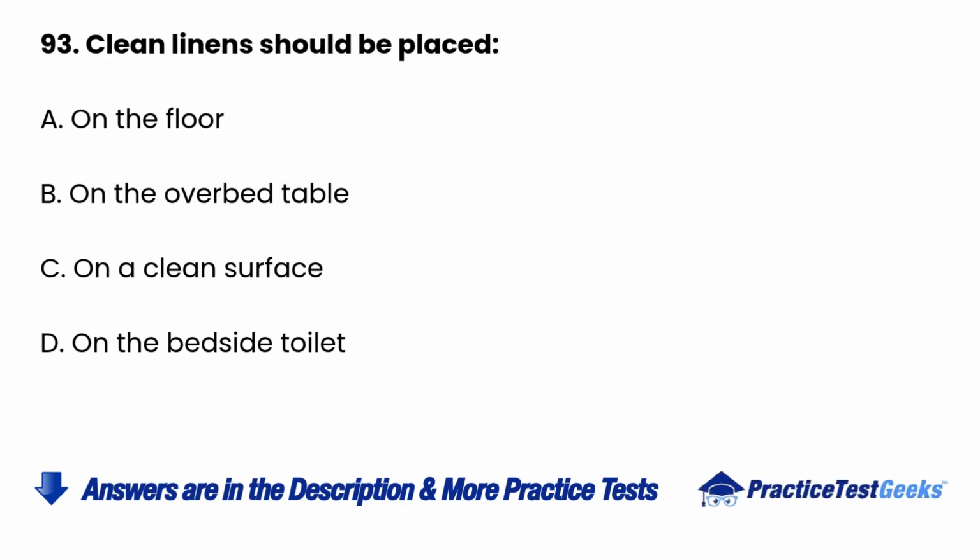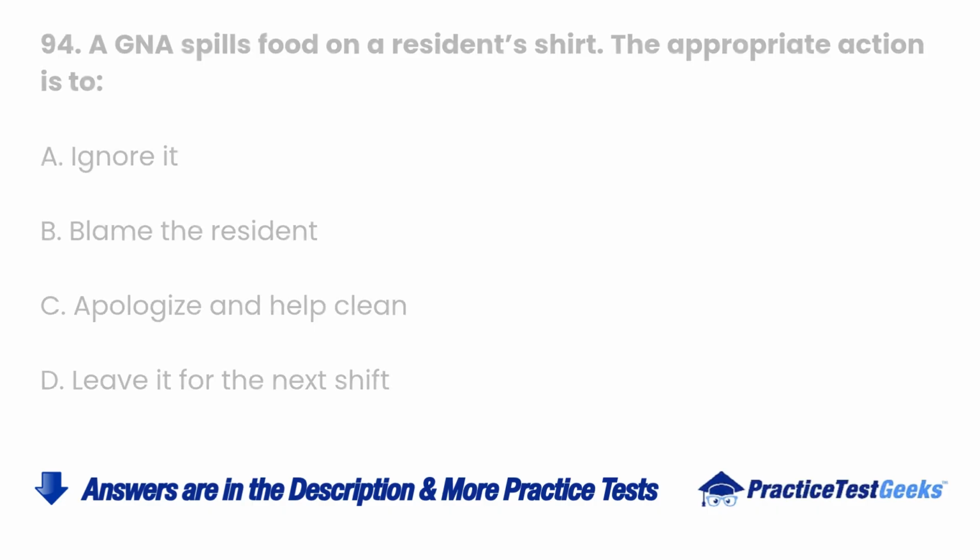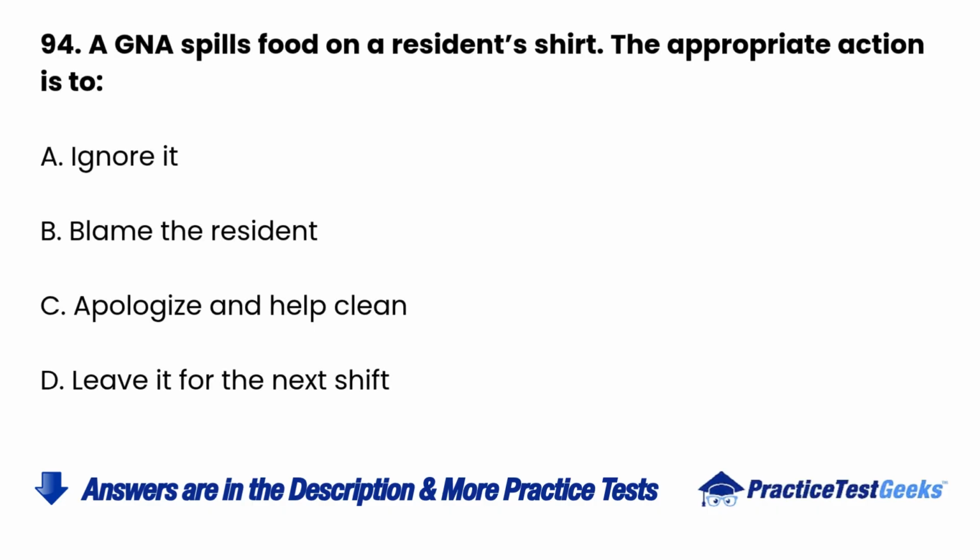93. Clean linens should be placed: A. On the floor. B. On the over-bed table. C. On a clean surface. D. On the bedside toilet. 94. A GNA spills food on a resident's shirt. The appropriate action is to: A. Ignore it.